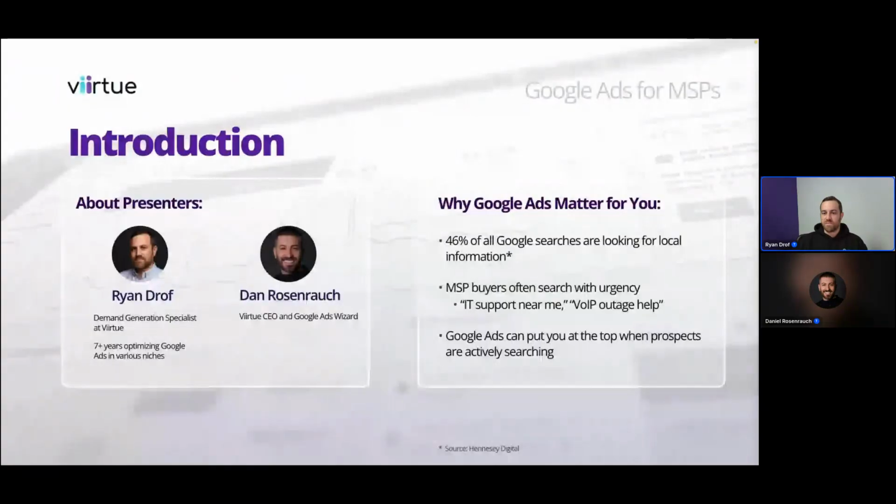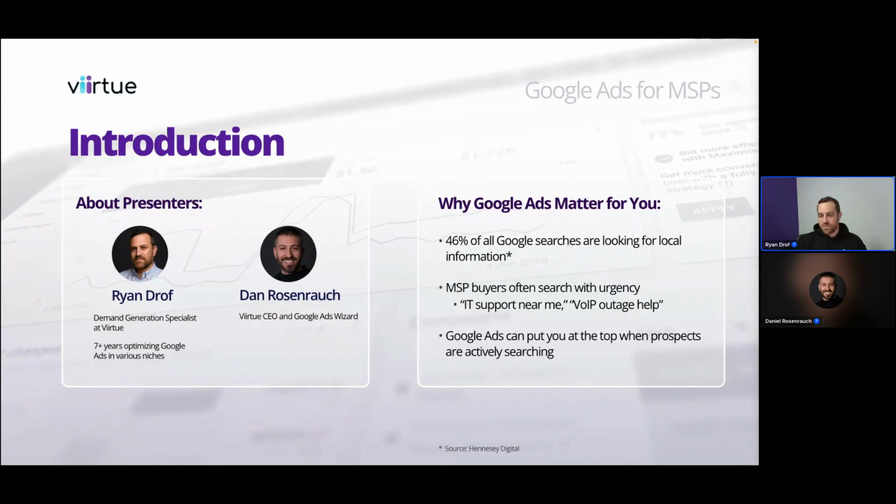Again, I'm Ryan Drof. I'm the demand generation specialist here at Viirtue, and I'm joined with Dan. One thing that I do want to point out about this entire process is that 46% of all Google searches are actually local. So what we're looking at, MSP buyers are searching for things that interest them in the moment.